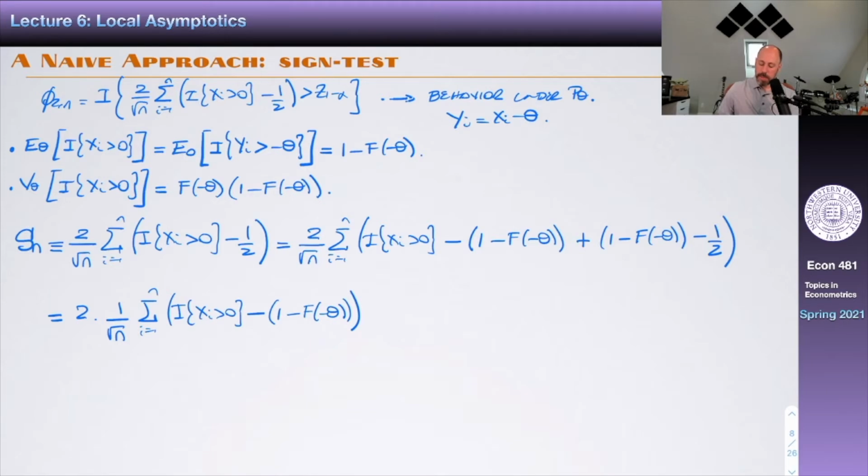And then I'm going to have the other part, which is 2 square root n, because nothing here depends on i, of 1 minus F of negative theta minus a half.